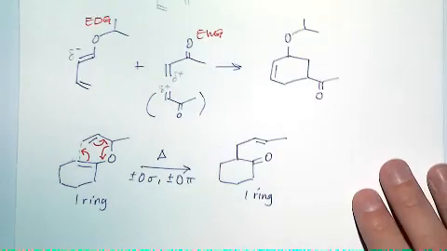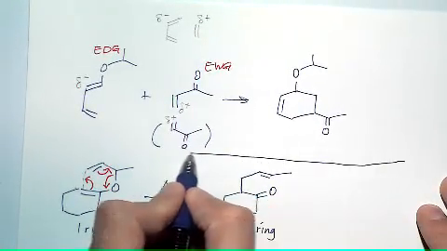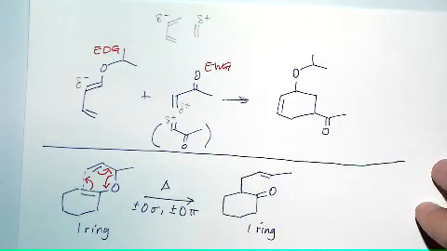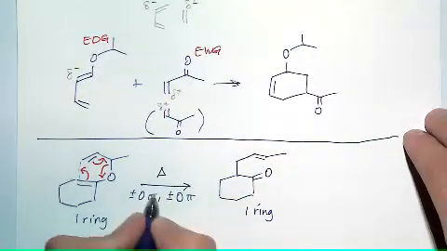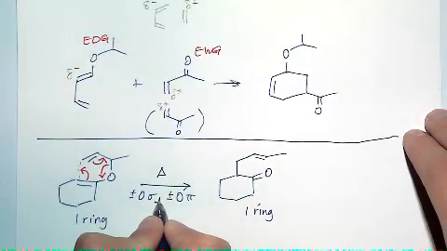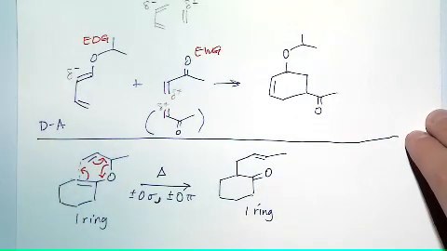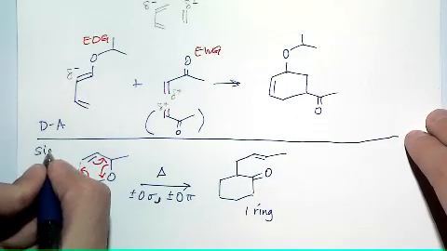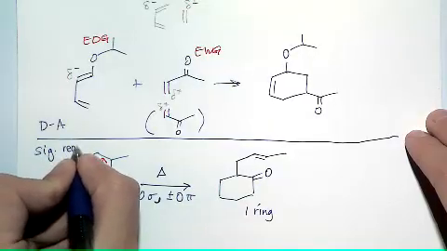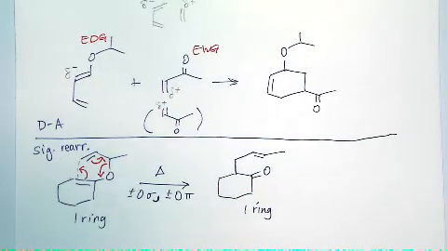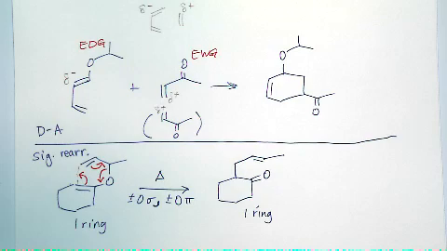So this is a Diels-Alder, and that's a sigmatropic rearrangement. Do we have to say what type of sigmatropic rearrangement it is? Yep. Claisen.